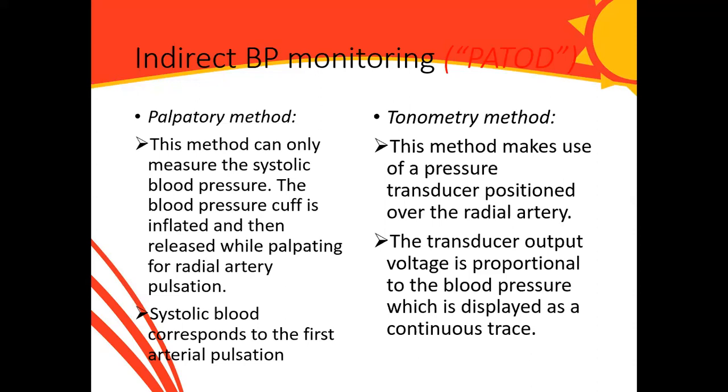Tonometry is another way of indirect blood pressure monitoring, and this makes use of a pressure transducer that is positioned over the radial artery. The transducer output is measured, and the voltage is proportional to the blood pressure, which is displayed as a continuous trace. So the blood pressure is taken as the transducer output voltage.